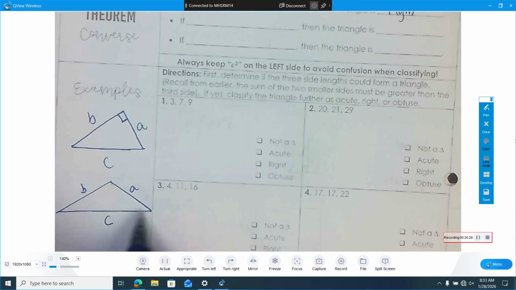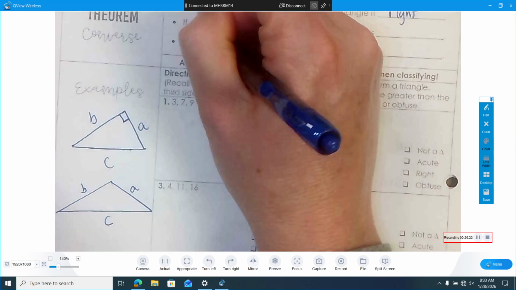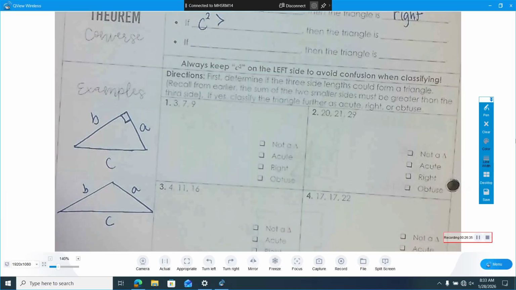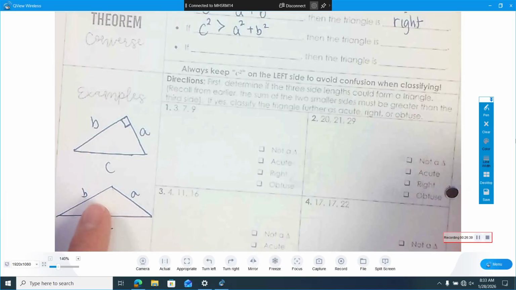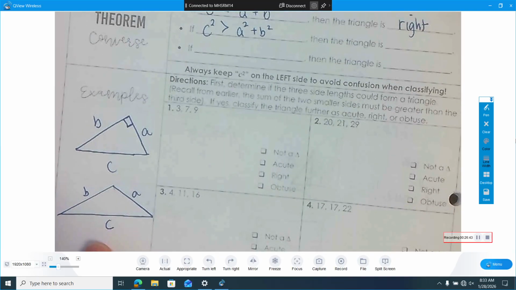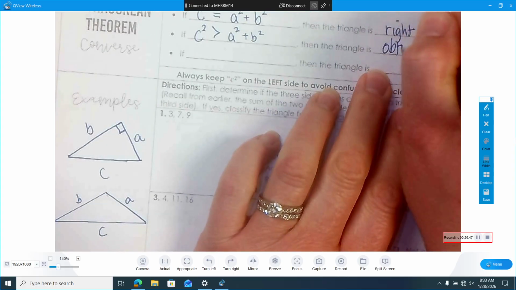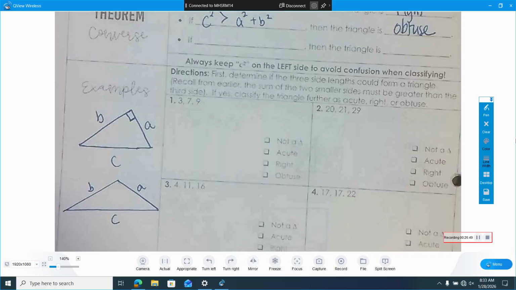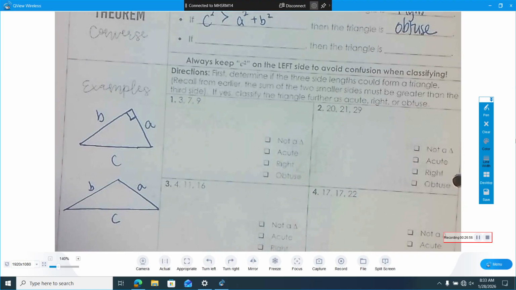So if C squared is greater than the sum of the squares of the two shorter sides, then what kind of triangle do we get? Obtuse, exactly. It is an obtuse triangle because that longest side is too long, and so our triangle flattens out. We get the obtuse angle.